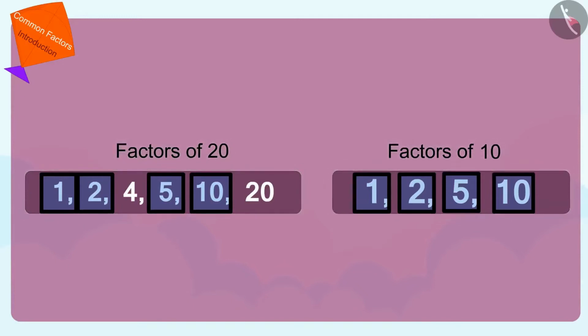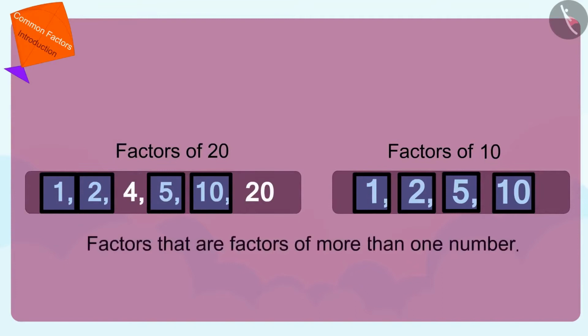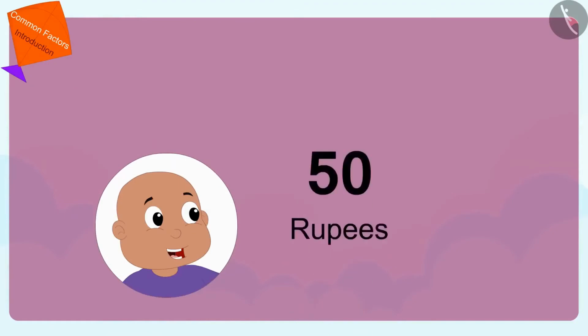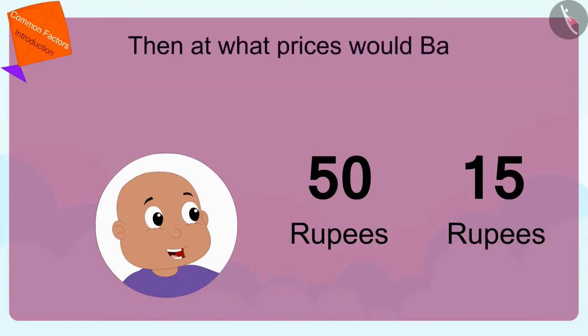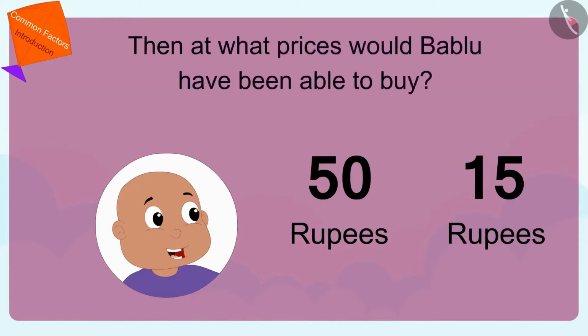And kids, do you know that factors that are factors of more than one number are called common factors of those numbers? If Bablu had 50 and 15 rupees, then at what prices would Bablu have been able to buy?